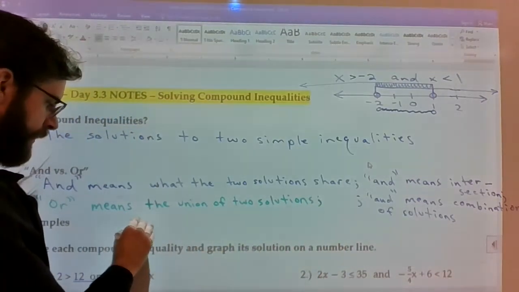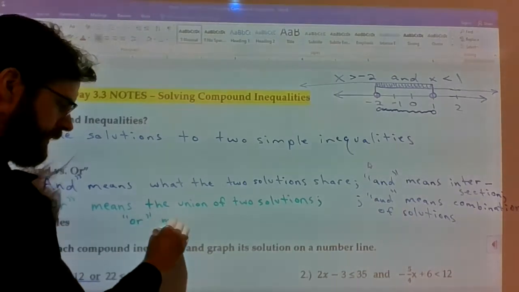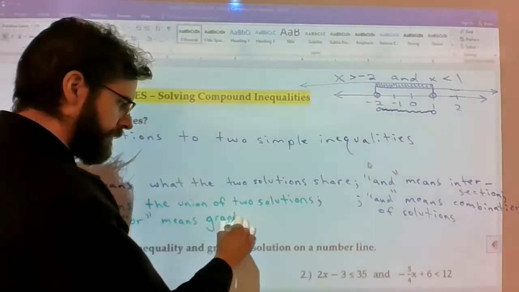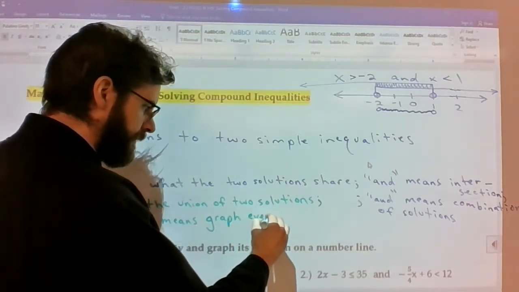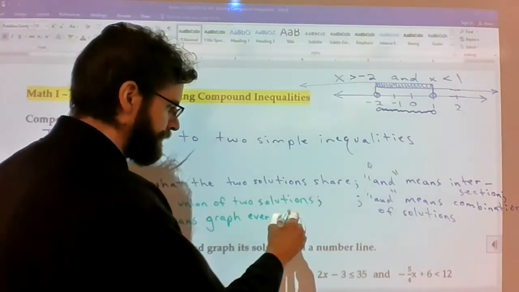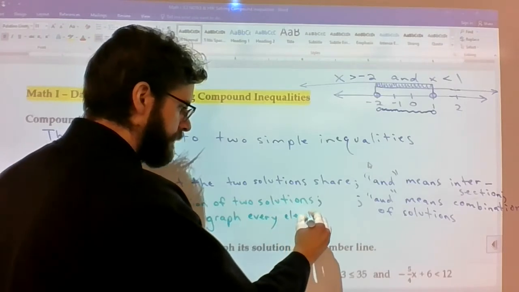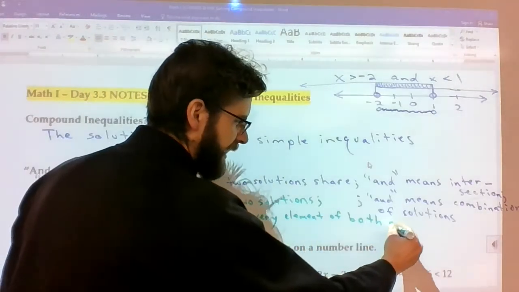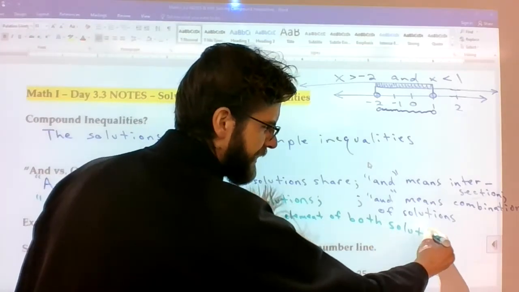So, or means graph every element. So every number. Sorry, I didn't leave enough space here to really separate these.